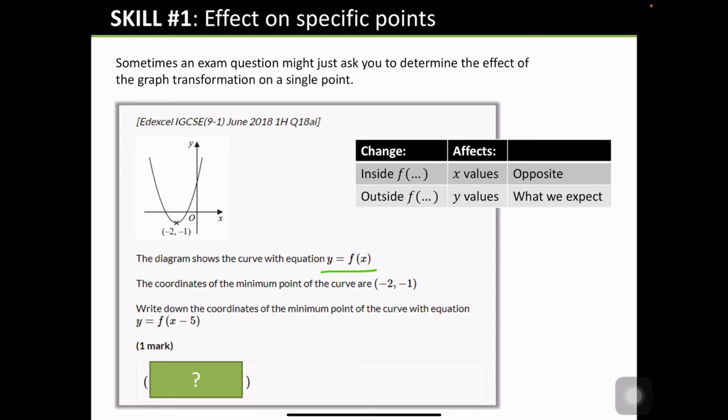I would always sketch what this will look like. Don't try to do it in your head. Don't try to say, okay, look, x value here, -2, let's just do -2 take away 5, and we'll get the answer. Don't rush. That's what I'm trying to say. We're going to have to move to the right.